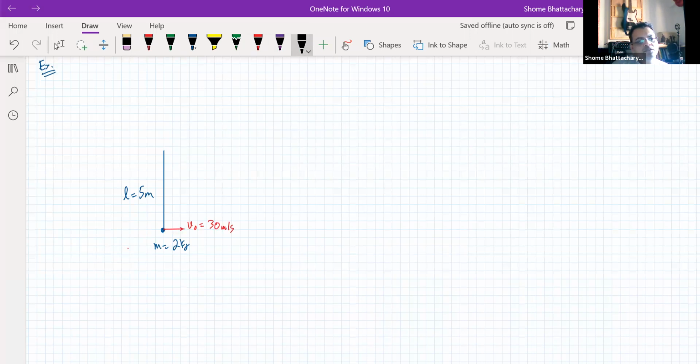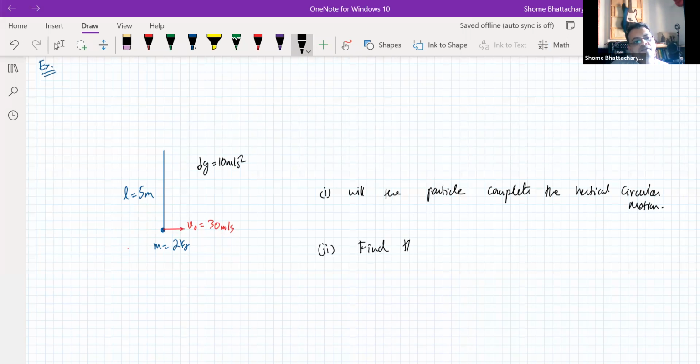G is 10 meters per second square. First, will the particle complete the vertical circular motion? Secondly, find the minimum and maximum tension in the thread during this motion.